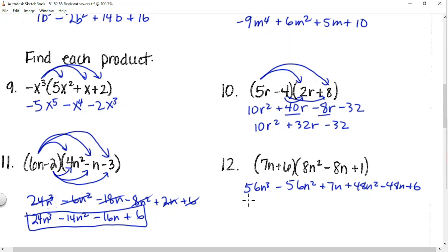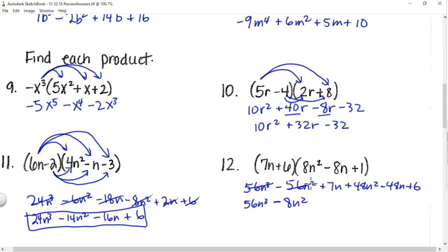Okay, now we combine like terms. 56n cubed is the only term that has the n cubed. For n squared, we have this negative 56n squared here, and we have the 48n squared here, and that is negative 8n squared when we combine those.